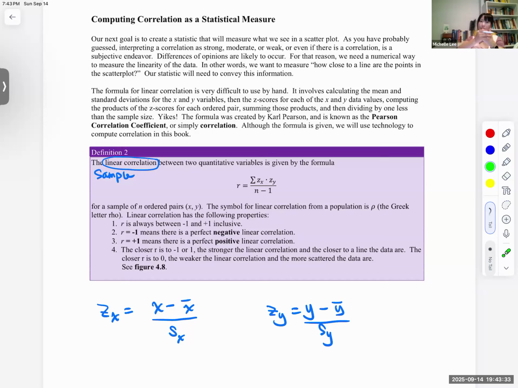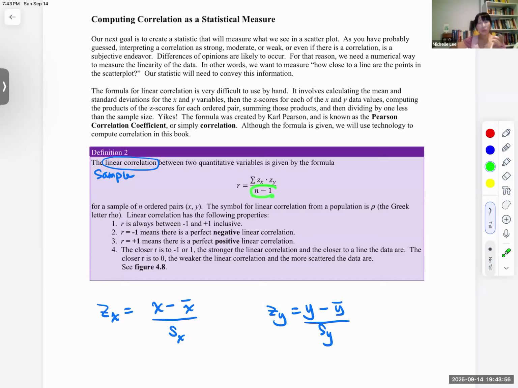Now, we multiply together by order of operations, right? So we multiply together and then we add them afterwards and divide by n minus 1. So n minus 1, again, the name of n minus 1 is degrees of freedom. I told you, this one has a name, degrees of freedom, right?